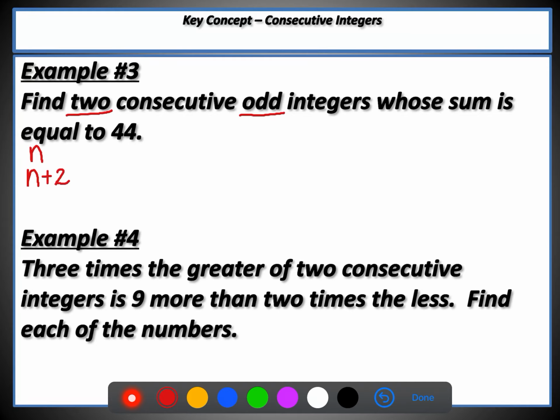Add 2. All right, so 2 consecutive odds, and their sum is 44. Whoops, this should be plus.